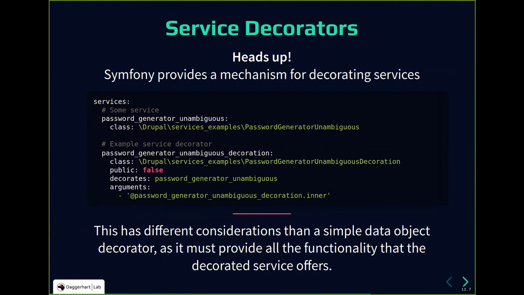If it added new methods, there are ways around making your service decorator adaptable to minor changes of the thing it's decorating. But ideally, if you're decorating something from core, you're also paying attention to whether core starts deprecating methods or even the entire service. That's probably something you only really need to worry about in a major release, so upgrading from Drupal 8 to 9 or 9 to 10, you're going to have a lot of work to do there.